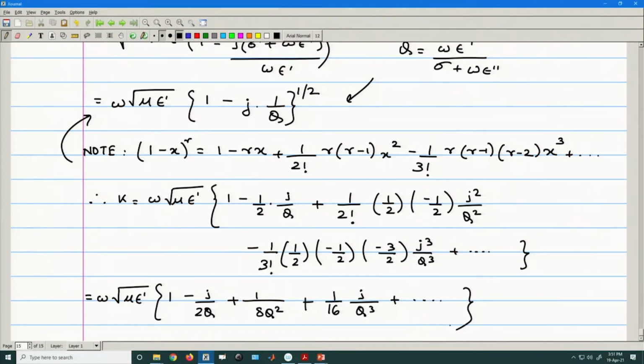Okay. Now, since we need to find k prime and k double prime, from this equation we will be separating the real part and the imaginary part.